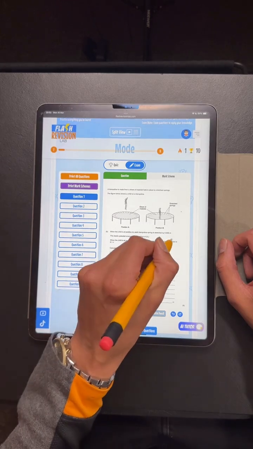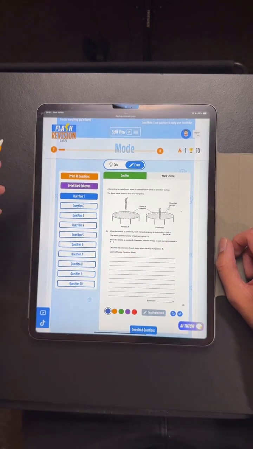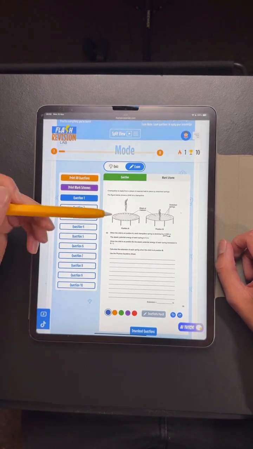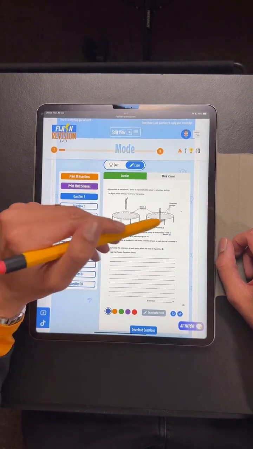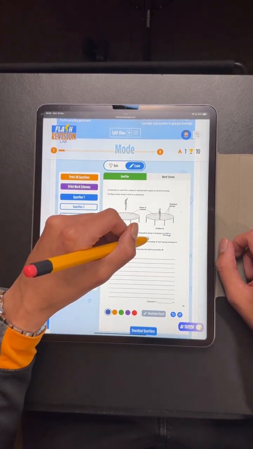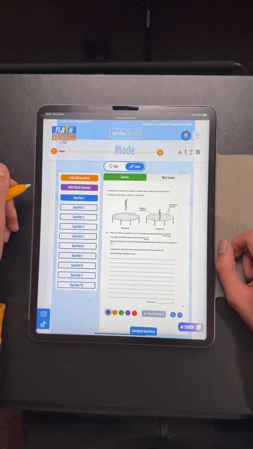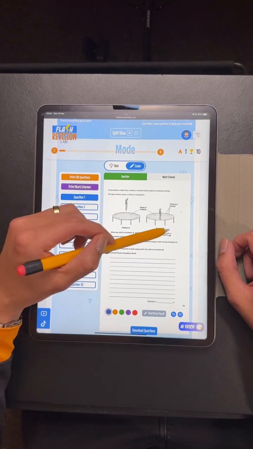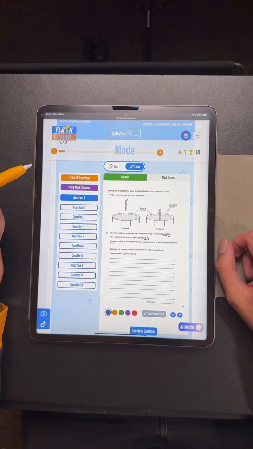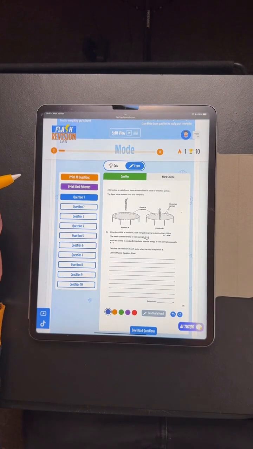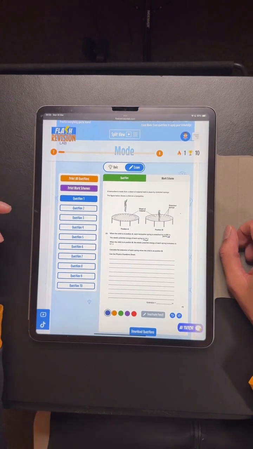So I'll just underline the key numbers as we go. So we've got a stretch of 0.056 meters. The elastic potential energy of each spring is 4.9 joules. When the child is at position B, so on the left-hand side now, the elastic potential energy of each spring increases to 8.1 joules. So it's asking us to calculate the extension of each spring when the child is at position B.